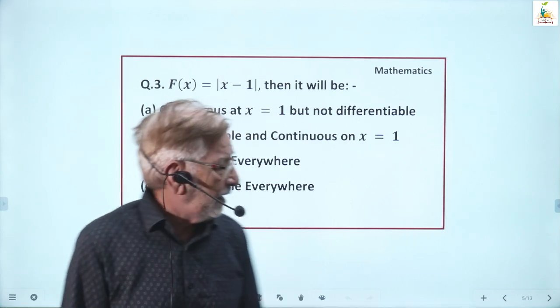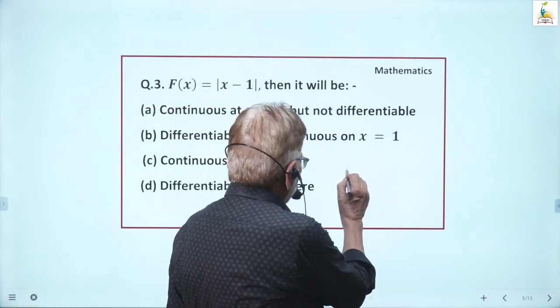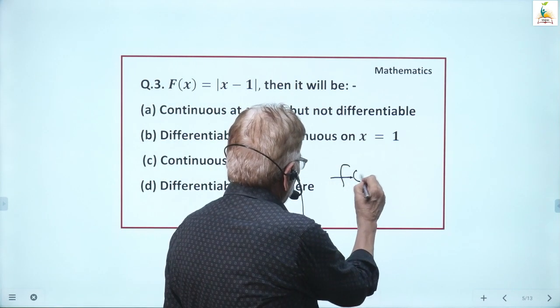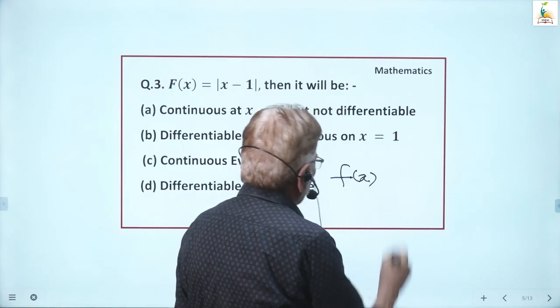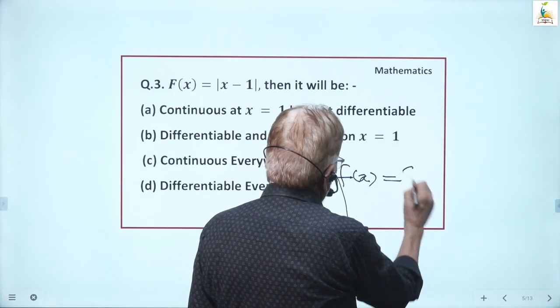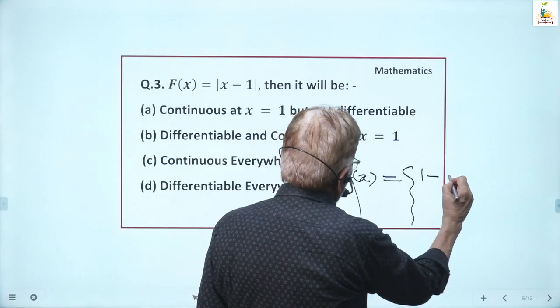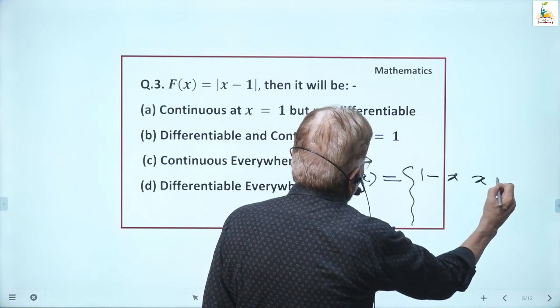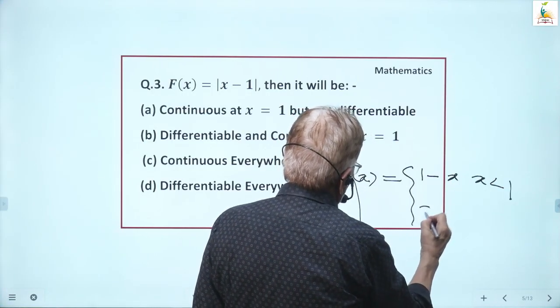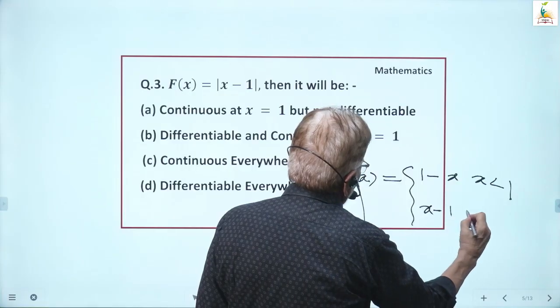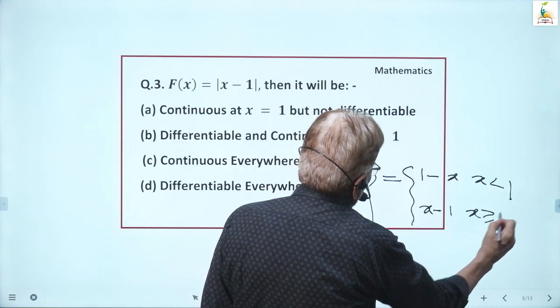Next is f(x) equal to mod of x minus 1. So let us see, according to the step function, this is 1 minus x when x is less than 1, and x minus 1 when x is greater than or equal to 1.